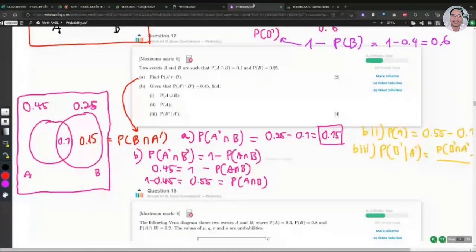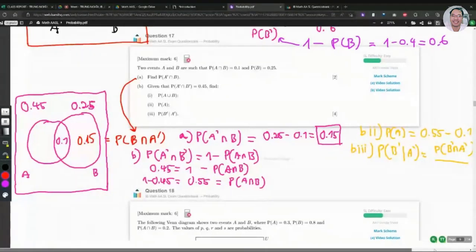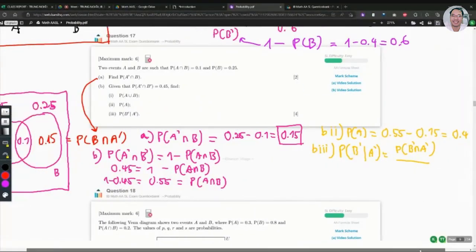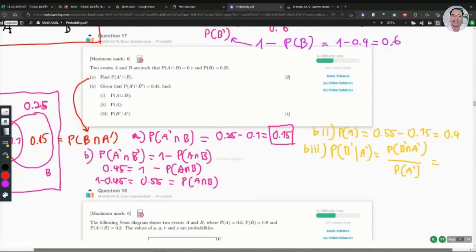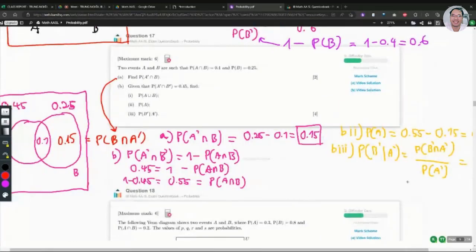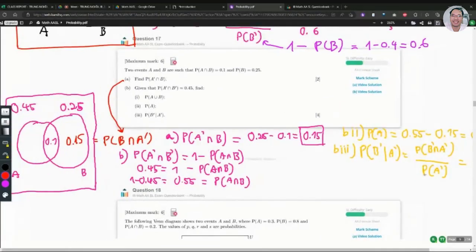I'll let you do the normal method first. Given not A. Oh, the second method that I meant is actually the thing that you are doing.